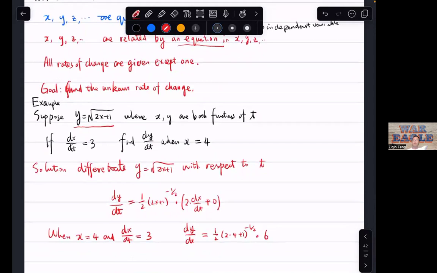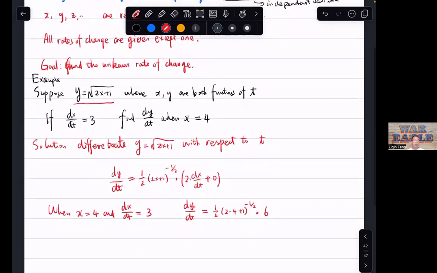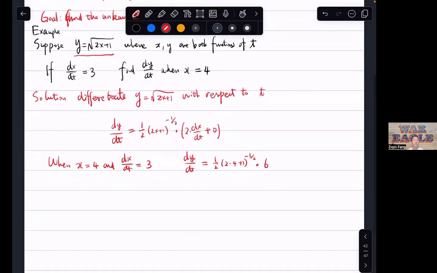Normally, you are given lots of quantities, either 2 or 3, and then you need to build up the relation between the quantities, the equation. Then you differentiate the equation with respect to time t, because all the quantities are functions of time t. Then you just solve for the rate of change you are looking for.